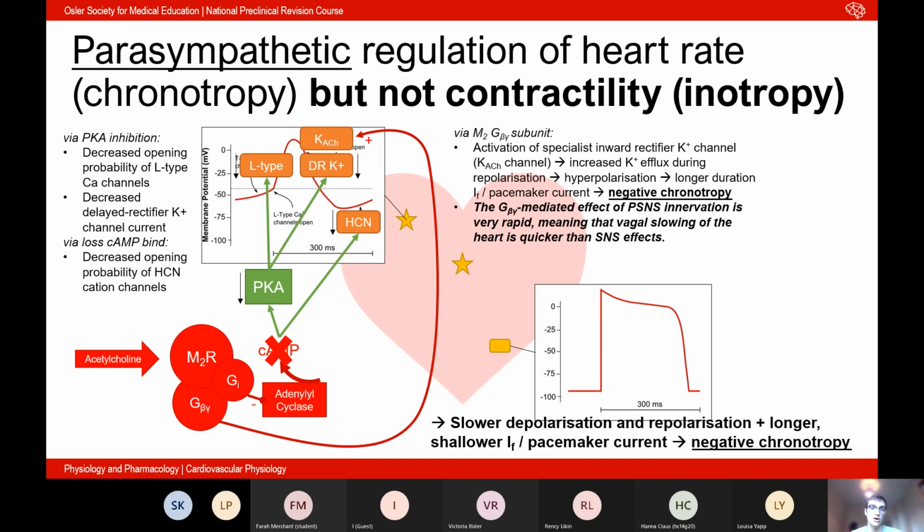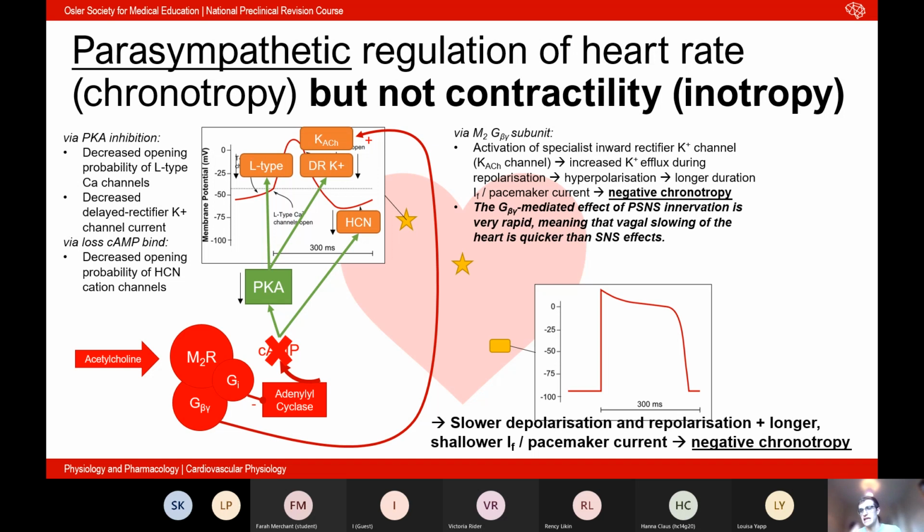And that means that a longer duration of pacemaker current and sodium influx is required for the next heart beat to occur. And this effect in particular is really, really rapid. So the sympathetic system is a bit slower.